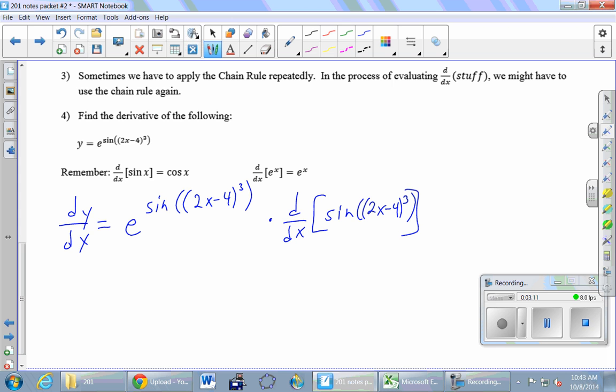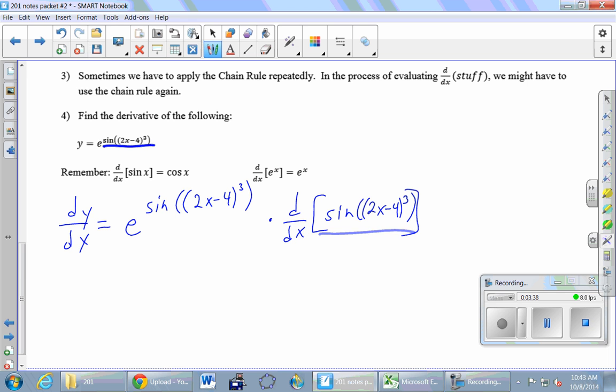Okay, so that's the main idea from the chain rule from last class: you apply your ordinary derivative rule, but then at the end you multiply by the derivative of the stuff. And why was the stuff all that sine and 2x minus 4? Because normally our derivative rule is just for e to the x. So whatever is up there, if it's anything more complicated than x, then that's the thing that we have to find the derivative of.